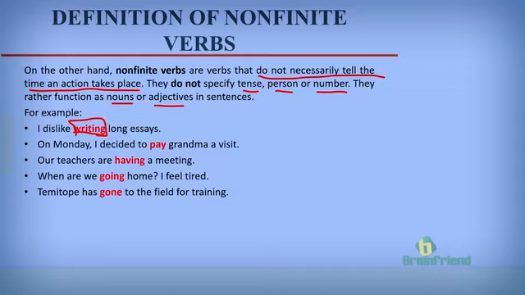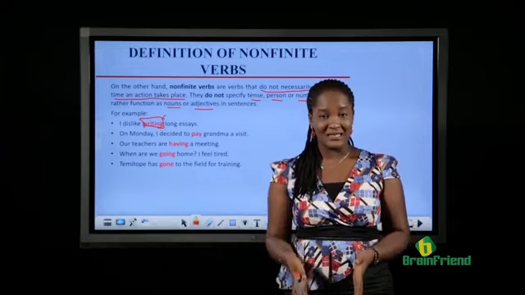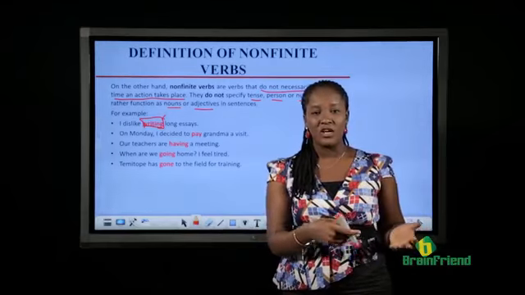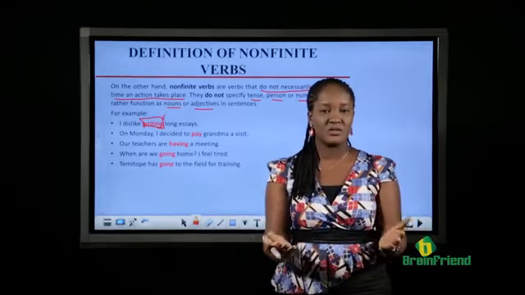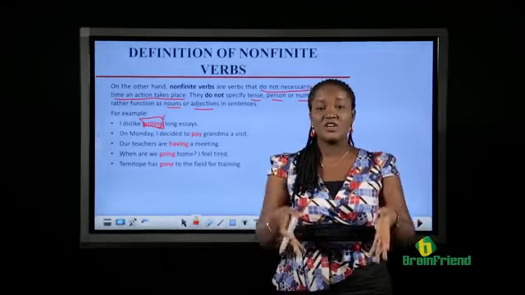But the verb writing here, if you look at it properly, does not represent the time this action takes place or will take place. If you tell someone, I dislike writing, it doesn't even mean you are writing at the time or you have written before. It just passes the information. It doesn't tell you about the time of the action. So, writing is a non-finite verb here.